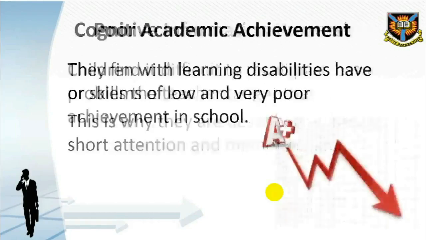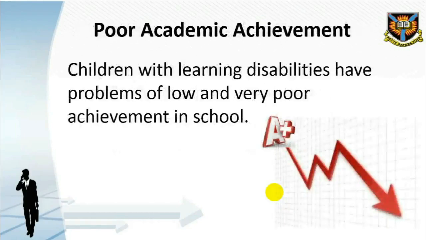11. Poor academic achievement. Children with learning disabilities have problems of low and very poor achievement in school. Poor academic achievement is one of the reasons for the creation and development of this field.